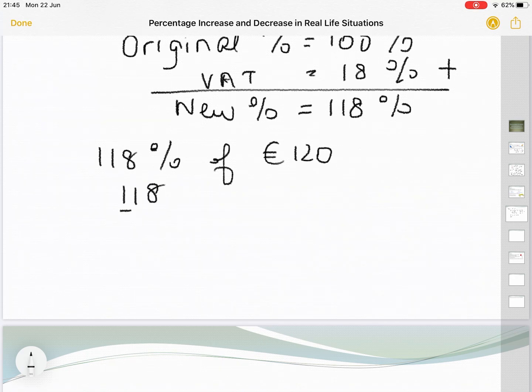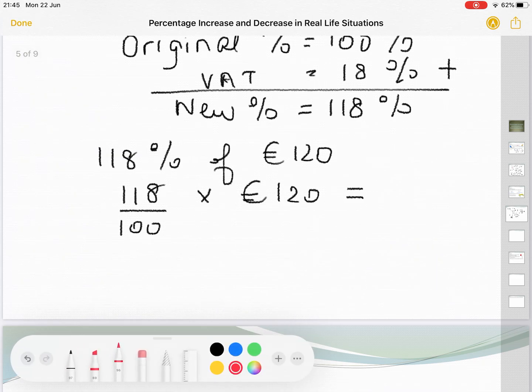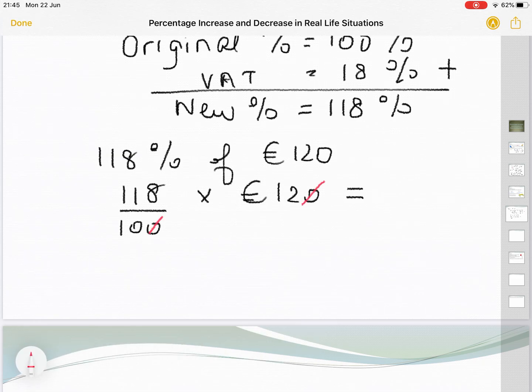Now, 118% is written as 118 all over 100. Instead of "of", I write a multiplication sign, 120 equals. I can cancel the 0 of the 100 with the 0 of the 120, 12. I can cancel 10 with 12 since they are both multiples of 2. 2 into 10 goes 5, 2 into 12 goes 6, alright?